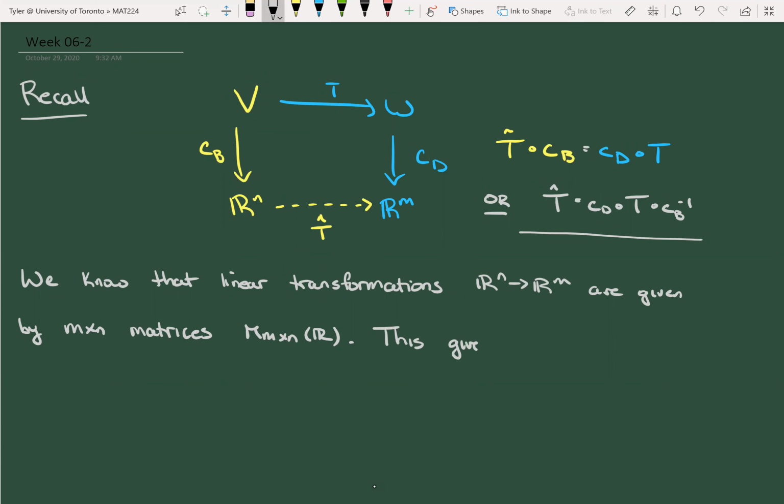So this gives us a function, we're going to call it MDB. Again, you have to have already specified the basis here in order to be able to define this function. MDB takes in a linear transformation from V to W and outputs an M by N matrix, like so.